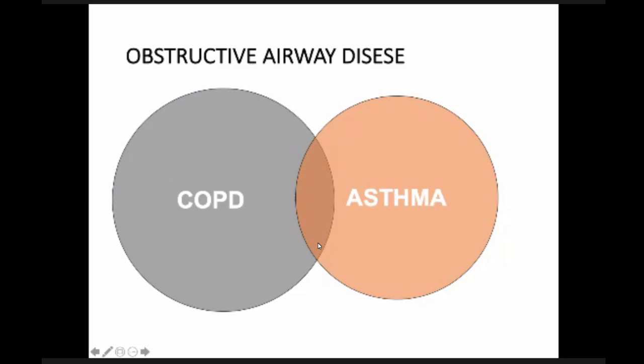This is called nowadays asthma COPD overlap syndrome. So these are the patients whom we cannot clearly categorize as whether they belong to the COPD group or to the asthma group, because they have some similarity of clinical features of asthma and some of the clinical features of COPD.